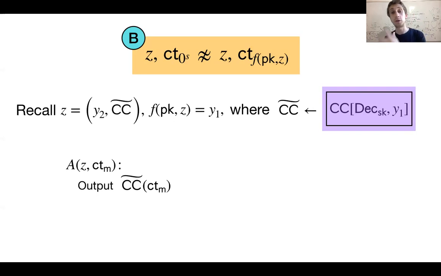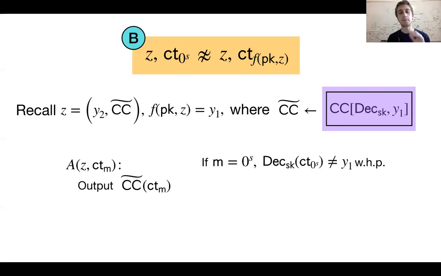So let's see why this distinguishes these two worlds, the left-hand side where you have an encryption of zeros and the right-hand side where you have an encryption of y1. If the message is all zeros, then the decryption of a ciphertext of all zeros will just be all zeros, and this won't be equal to y1 with high probability because y1 was chosen randomly as the output of a PRG. So the obfuscated circuit will output 0, so the distinguishing adversary will also output 0.